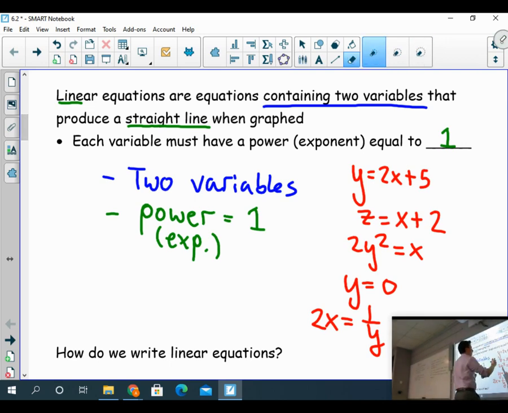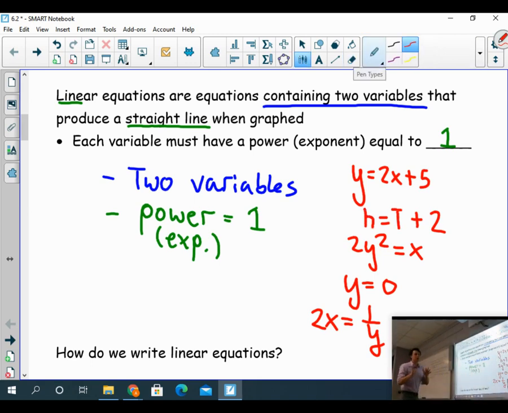Actually, I'm going to make a slight edit here. I'm going to change these variables to H and T. Z can get a little confusing. You'll understand why if you get to higher math. But for our two variables, I'll use H and T.